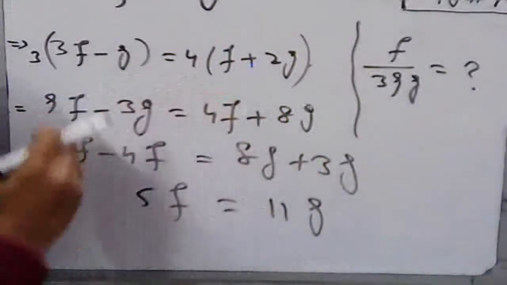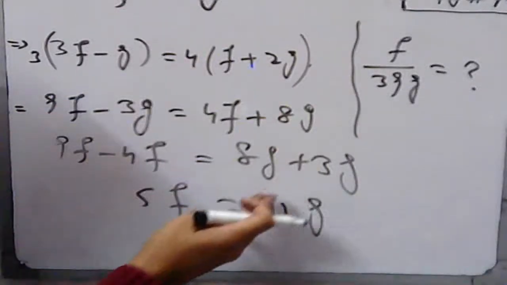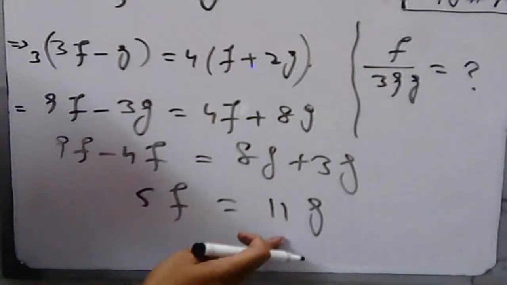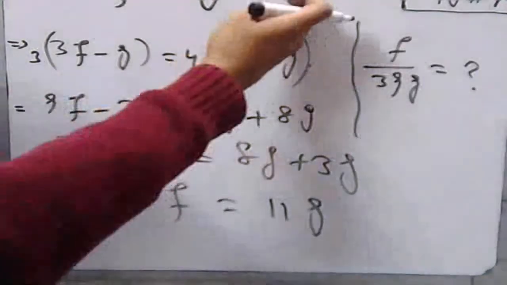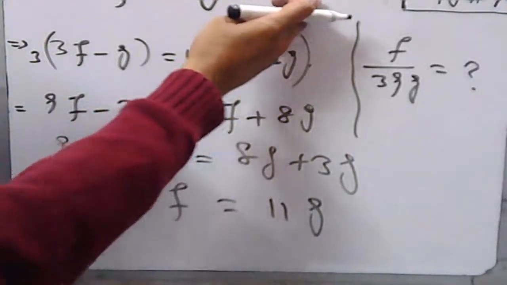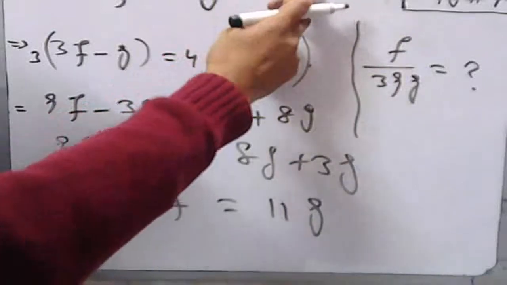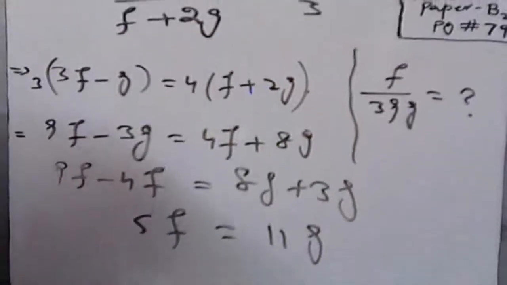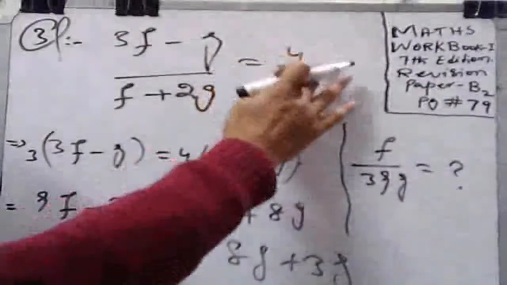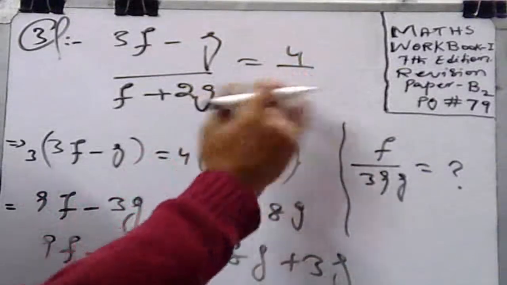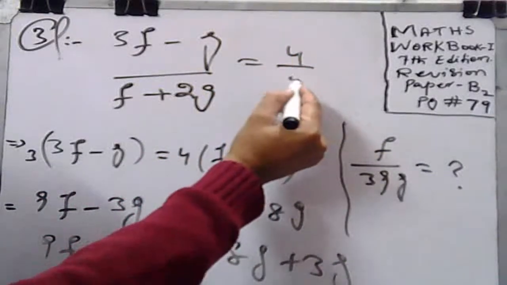It will become minus, it will become plus, so you will get 11g. Here is your 4 by 3. In your textbook you can see here 4 by 5, not 4 by 3. So by rechecking you see here 4 by 5.